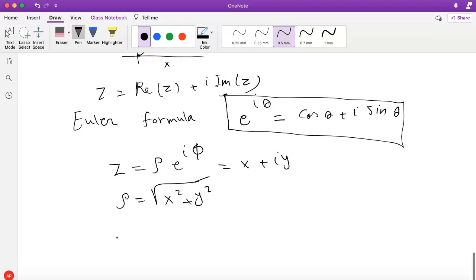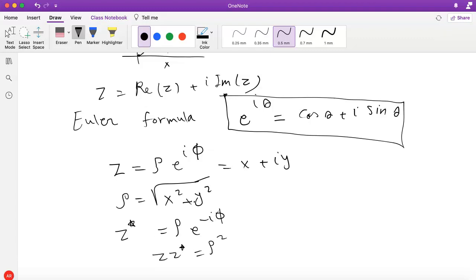In order to verify this, for example, you can imagine what happens to z star. Well, it's going to be rho times e to the minus i phi. The only thing we do is change the i to minus i, and then if I multiply these, of course, e to the i phi and e to the minus i phi give me 1, right? It's e to the 0. The exponents cancel out, so z times z star is rho squared.